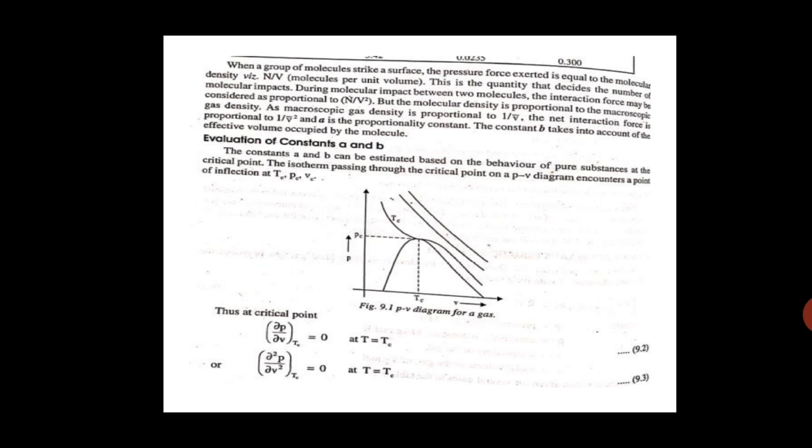So as I was telling, there are two constants A and B here. The interaction force between the molecules, we will consider as A. Intermolecular forces is constant A, and B represents the effective volume occupied by the molecules of the gas.